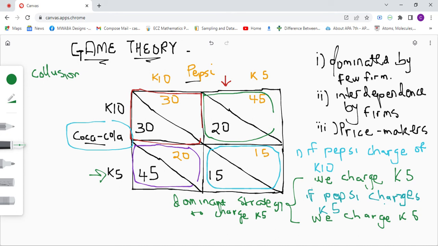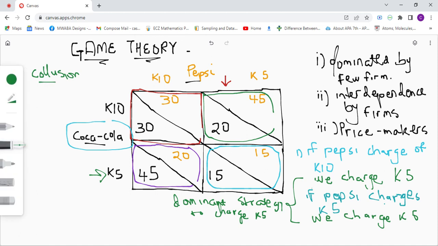So a collusion is where the dominating firms in the oligopoly want to take over the whole market structure. They want to take control of the price. They'll decide this is the price we charge, in an effort to get rid of every other firm, the smaller firms in the market structure. So that's what a collusion means.